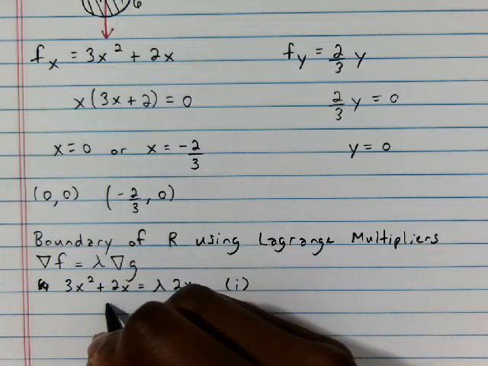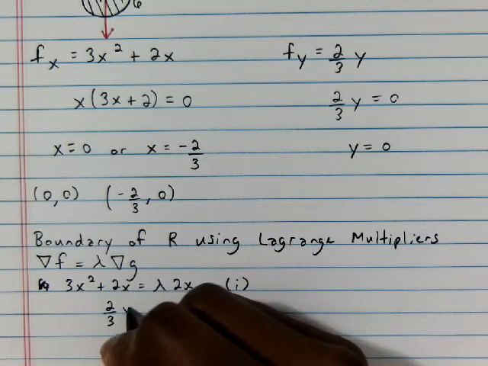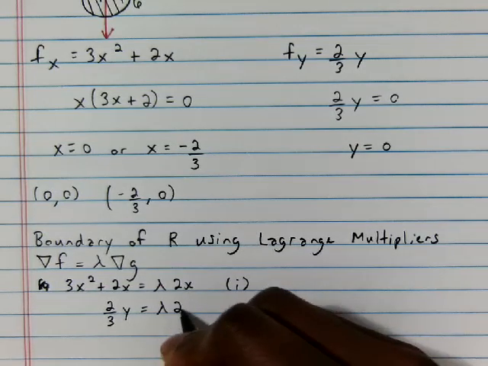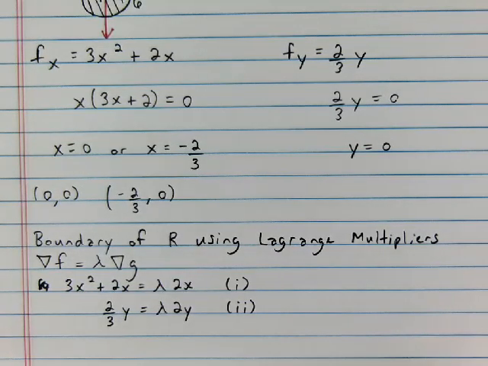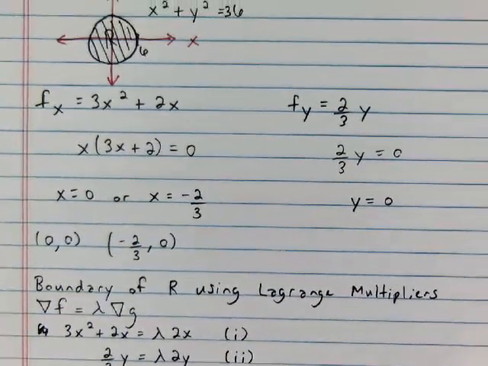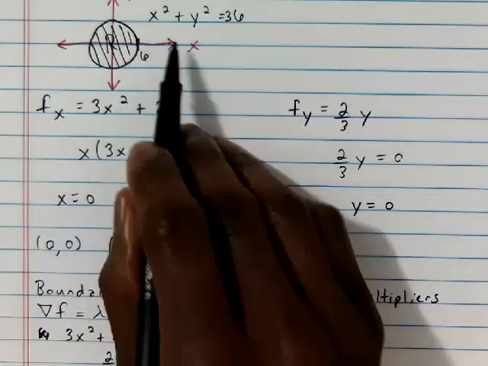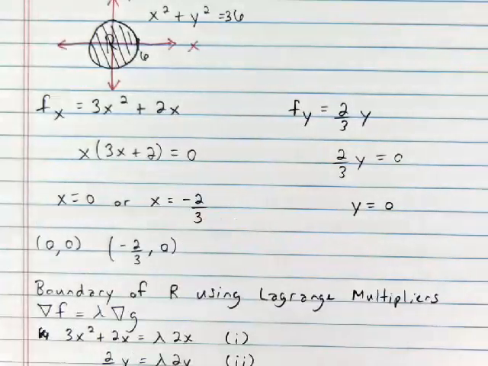And then f sub y is 2/3 y equals lambda times 2y. It's our second equation. And don't forget about your constraint equation, which for us is x squared plus y squared equals 36.